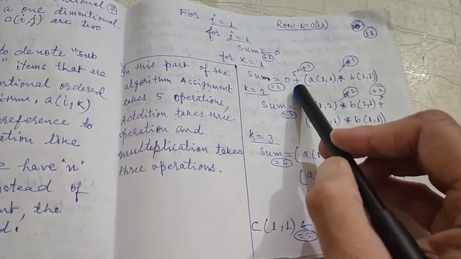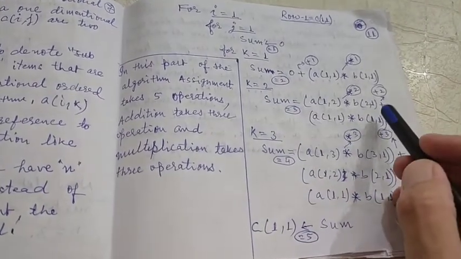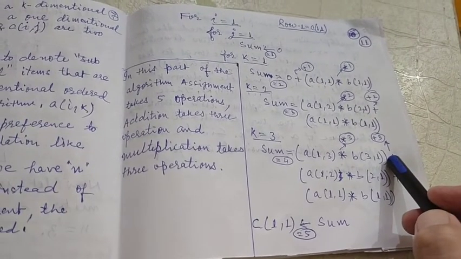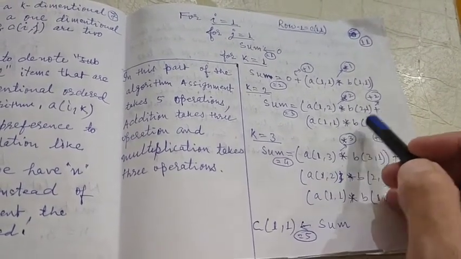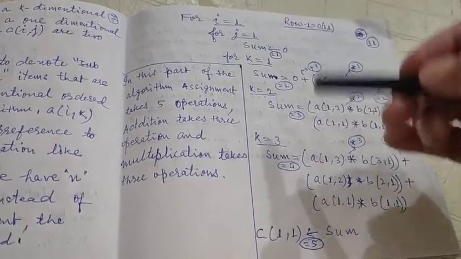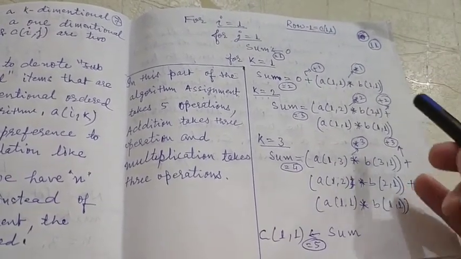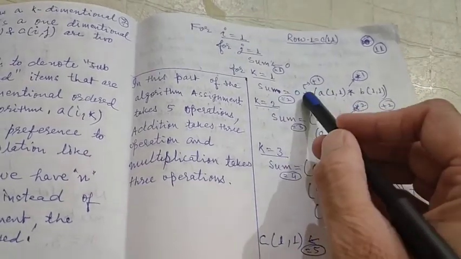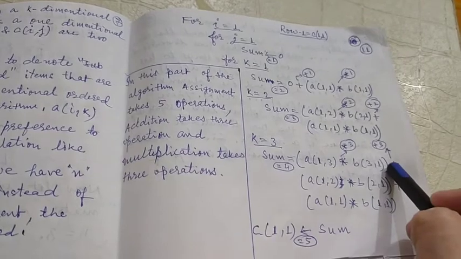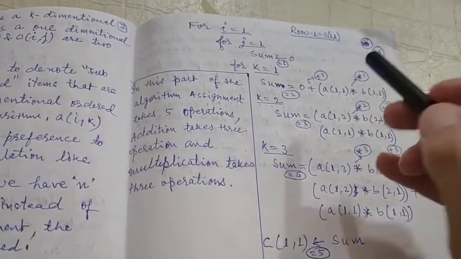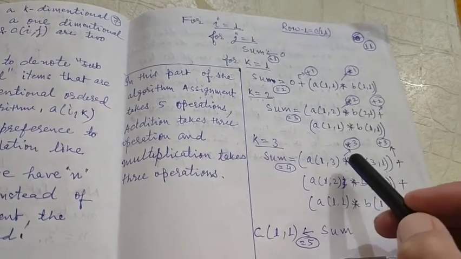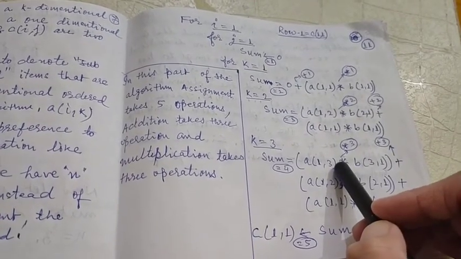This is the first addition, this is the second addition and this is the third addition. These 2 values are already added in the first 2 steps. Therefore there are 1 addition, 2 additions and 3 additions. In the same way, this is the first multiplication, this is the second multiplication, this is the third multiplication.